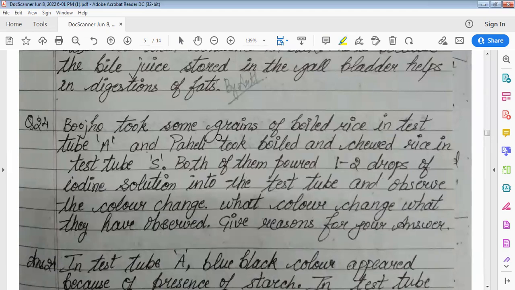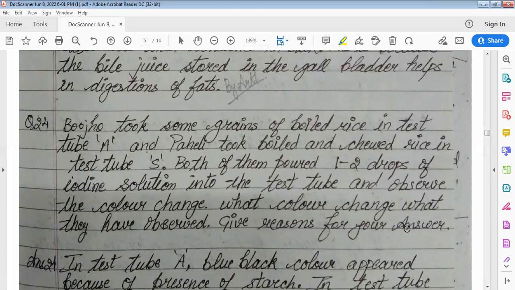Bojo took some grains of boiled rice in test tube A, and Paheli took boiled and chewed rice in test tube S. Both of them poured 1-2 drops of iodine solution into the test tubes and observed the color change. What color change would they have observed?